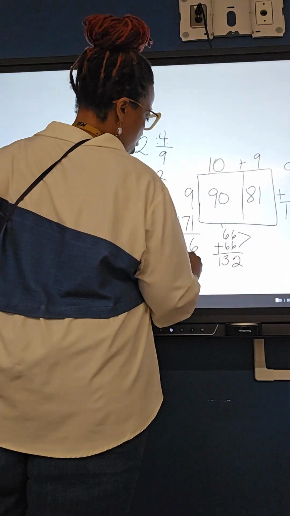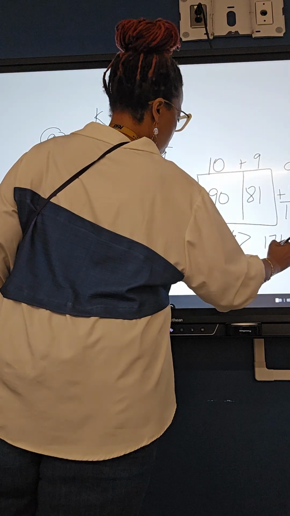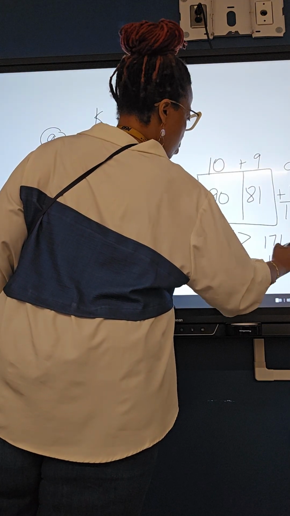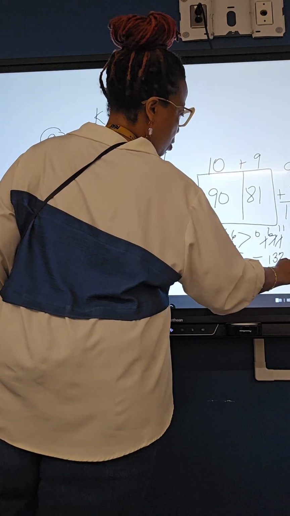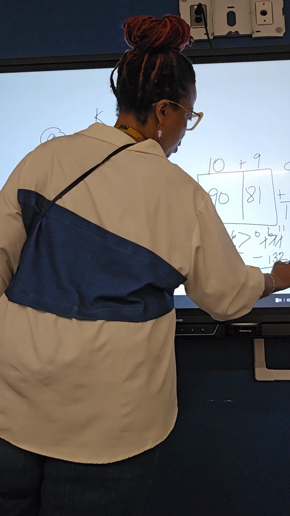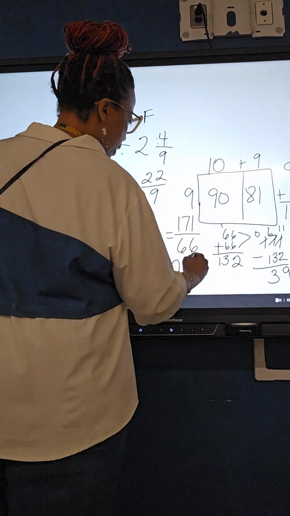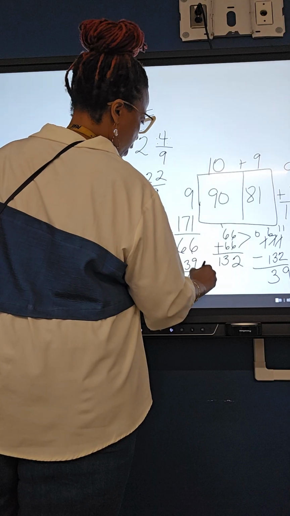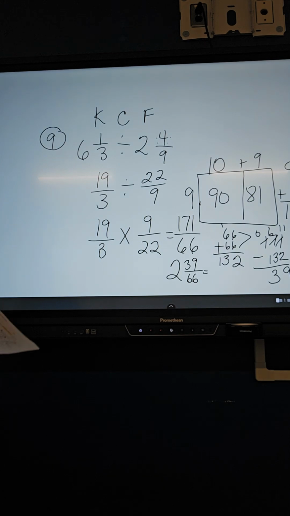That's 2 times. So that's 2. And you could say 171 minus 132. That would be 11, 6, 0. 11 minus 2 is 9. 6 minus 3 is 3. So that would be 39 over 66, which you still could simplify by dividing 39 and 66 by 3. If you did that, that would give you 2 and 13 over 22, I believe.